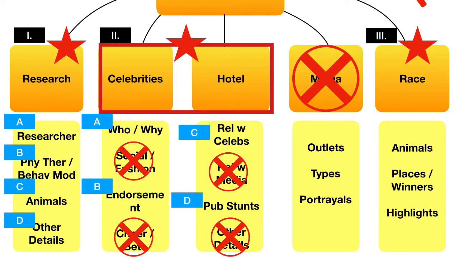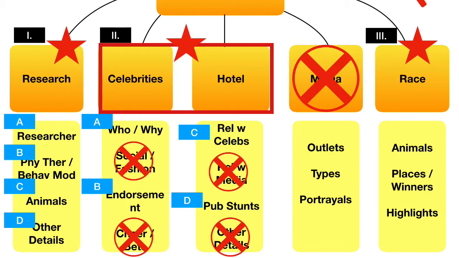And then you could combine that with some points over with the hotel. Since we combined those two as a main point, maybe you want to talk about the relationship with the celebrities or the relationship with the media or the crazy publicity stunts. So you could actually have all these little things as subpoints when you combine those together. But you don't have to use them all.